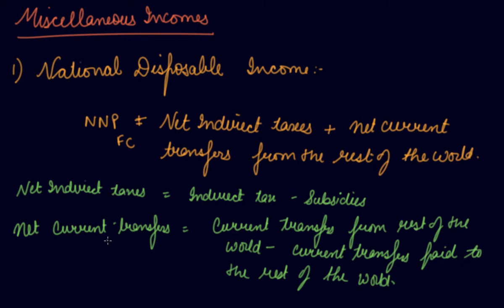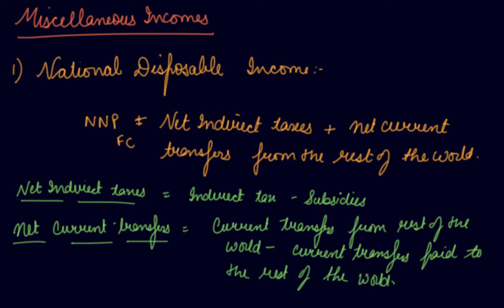So, how much you've got from the rest of the world, the current transfer, that is gifts, grants, and one-sided unilateral payments, and what you have paid to the rest of the world, that is your net current transfer and net indirect taxes.